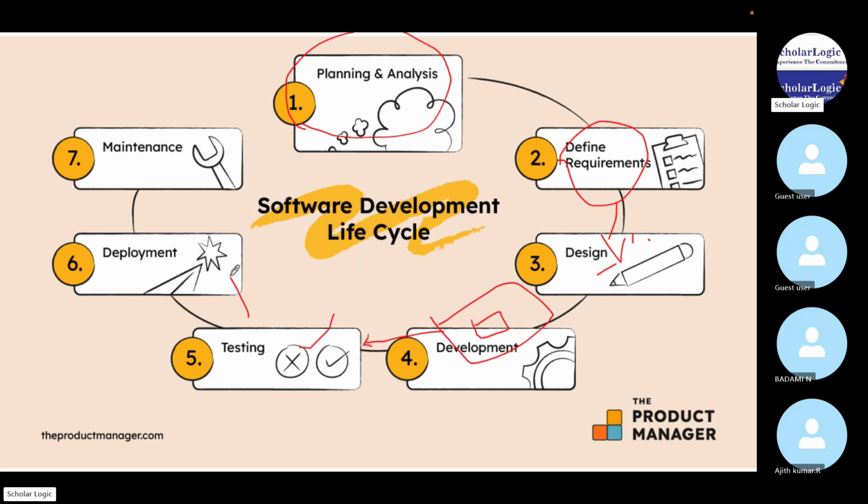Then it is deployed in the production environment once testing is completed. After that it goes for maintenance, and feedback is given to the requirements gathering team, who do the planning and analysis, and then it goes through the cycle again. This is what is called the software development life cycle.